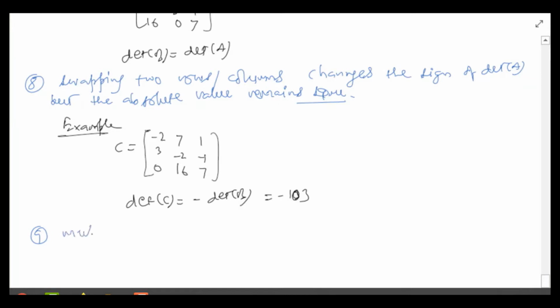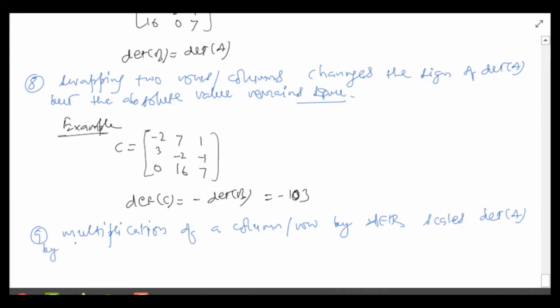So it says that multiplication of a column or a row by, say, lambda, which is a real number, scales determinant of A by lambda.